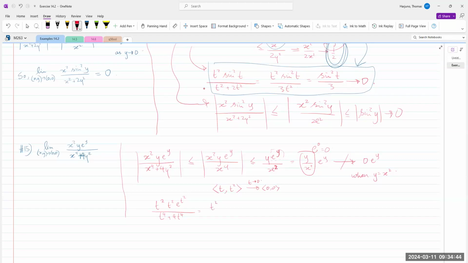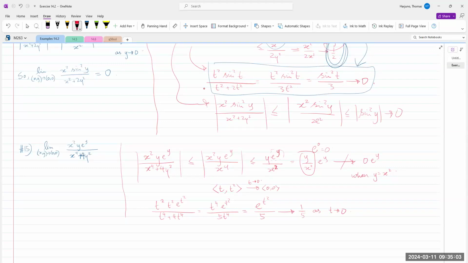That's t to the fourth e to the t squared over 5t to the fourth. This will go to e to the t squared over 5, which converges to 1/5 as t goes to 0.